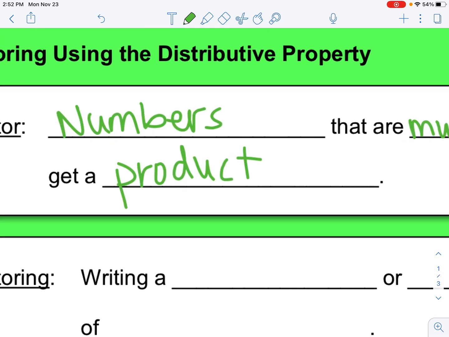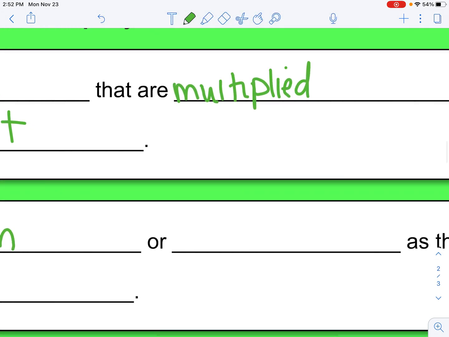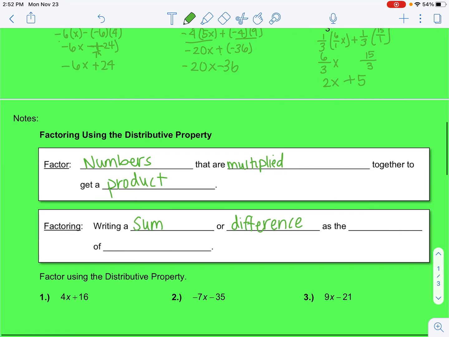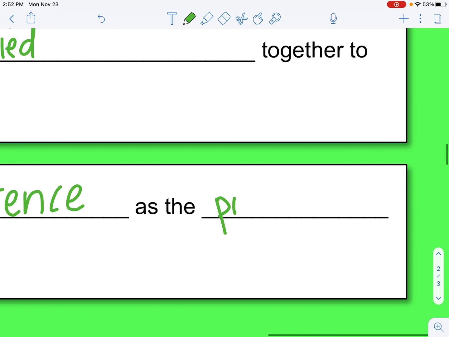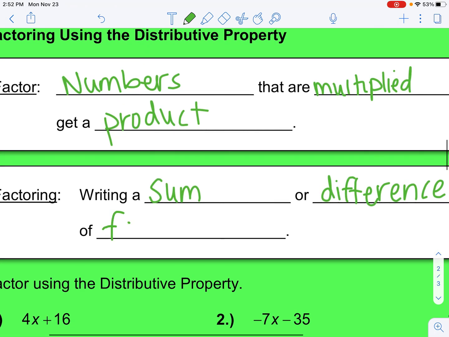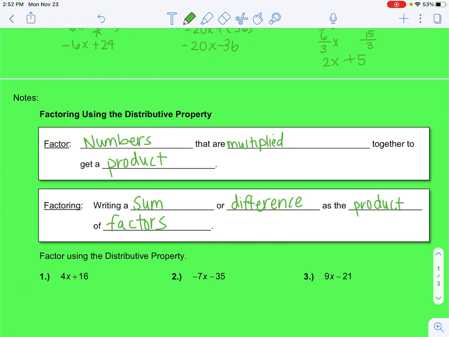Okay, factoring is writing a sum or difference as the product of factors. Alright, so a factor is numbers that are multiplied together to get a product, and factoring is writing a sum or difference as the product of factors.